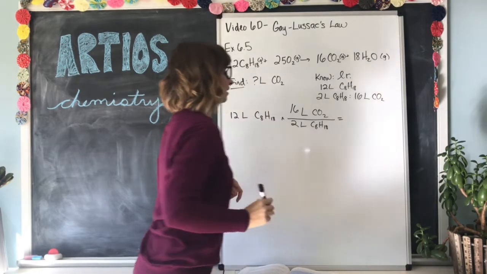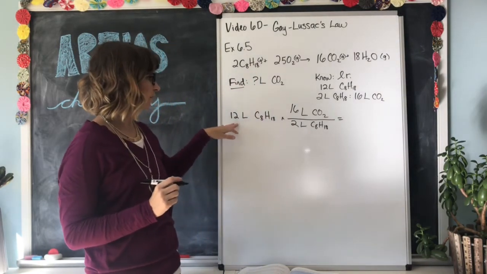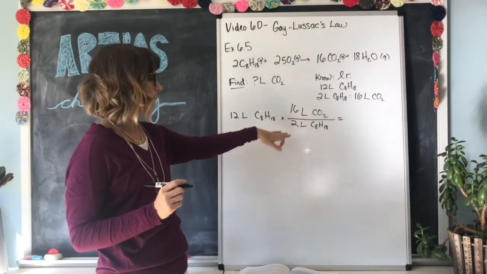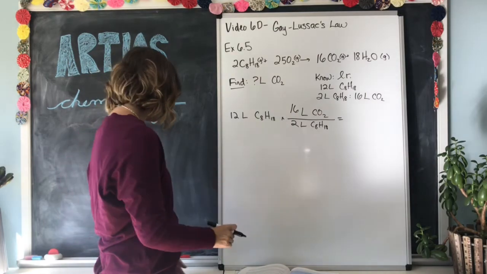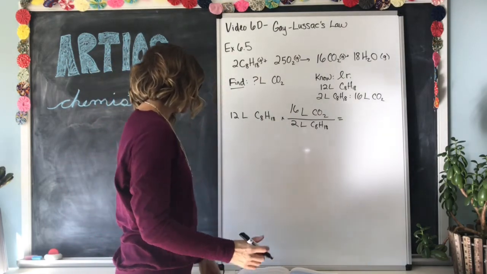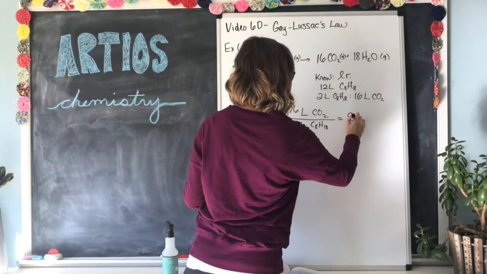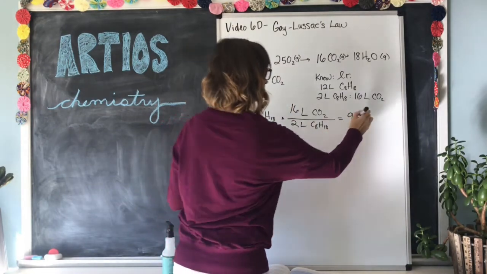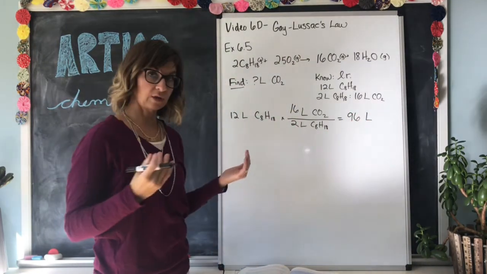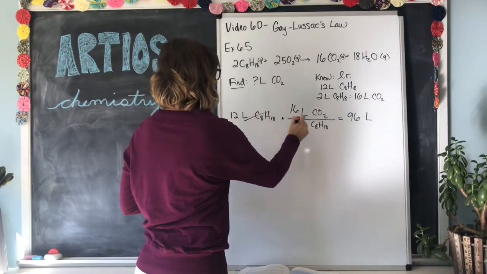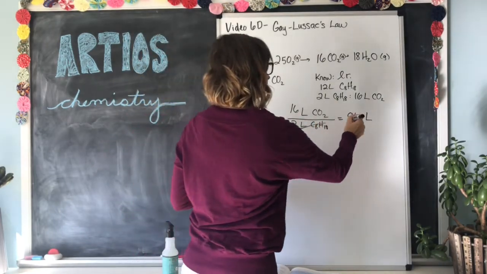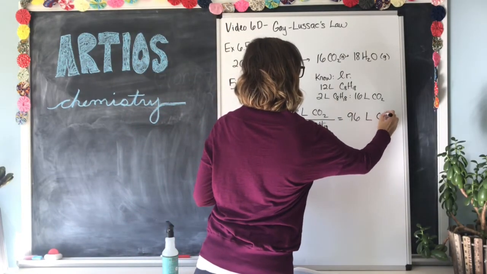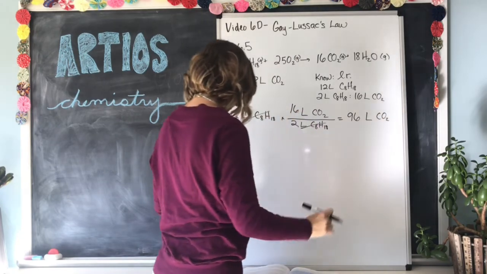Put that into your calculator. You'd put 12 times 16 divided by 2, and the answer is 96. 2 significant figures. And our answer will also be in liters. These two cancel out. Our answer is 96 liters of CO2.